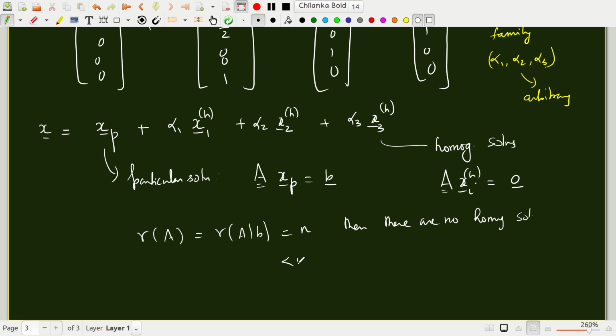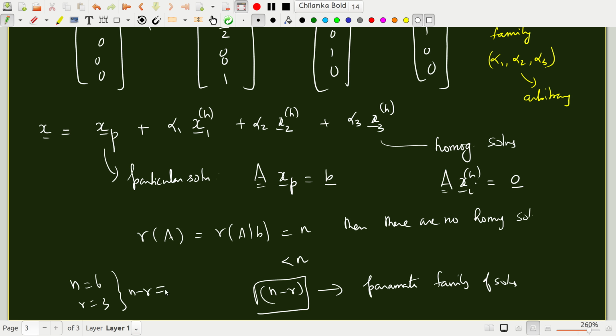But if this is less than n, depending on n minus r, you will have an n minus r parameter family of solutions. So the number of homogeneous solutions that you have is equal to n minus r. In this case, n is 6, r is equal to 3, so n minus r is 3. That's why you have these 3 parameters. In general, it is an n minus r parameter solution.